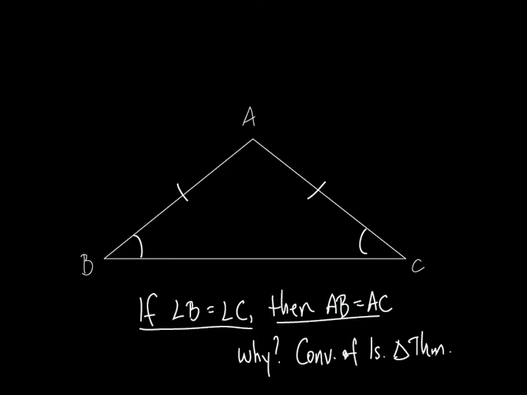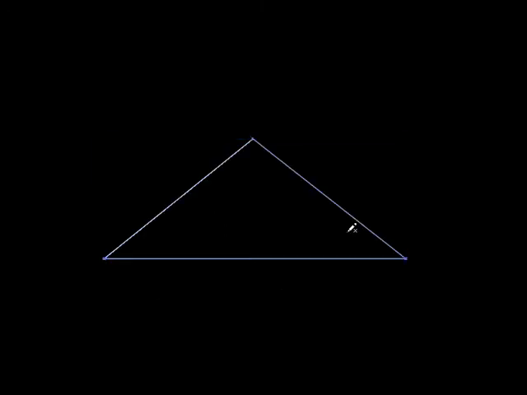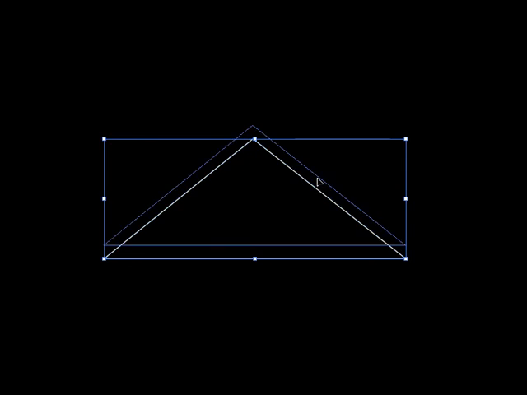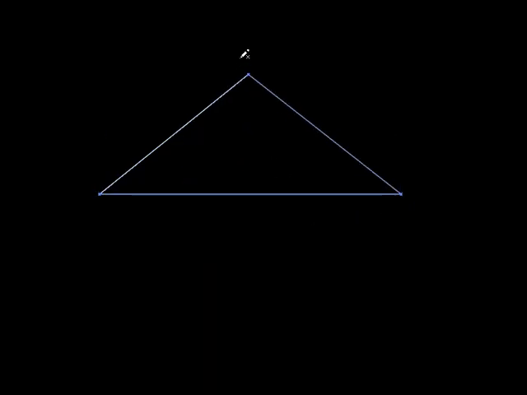What's the actual theorem say, though? Let's do the same thing. Let's call it ABC again. So what's the actual theorem say? It says this. If AB is equal to AC, then what can we conclude?